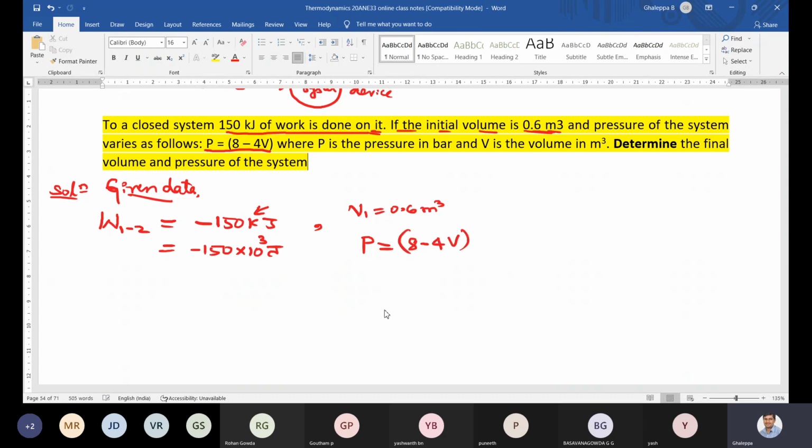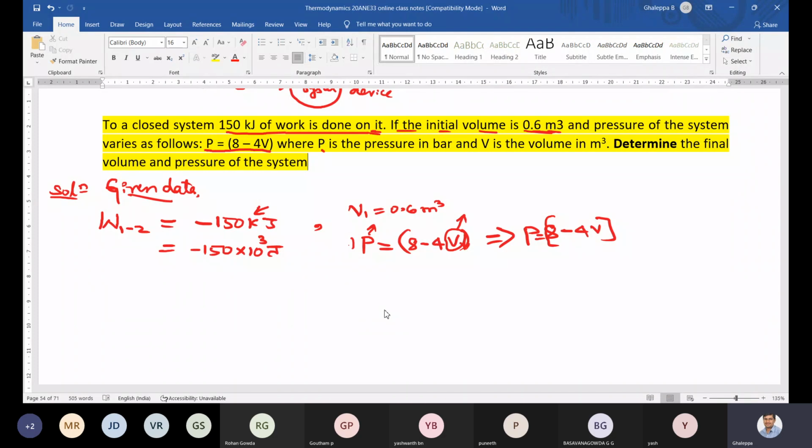This is the equation he has given. We don't know whether if volume increases, pressure increases or not. It is a relation he has given. As the volume changes, pressure also changes. Either it may increase or it may decrease. Let me write the same equation once again clearly: 8 minus 4V.